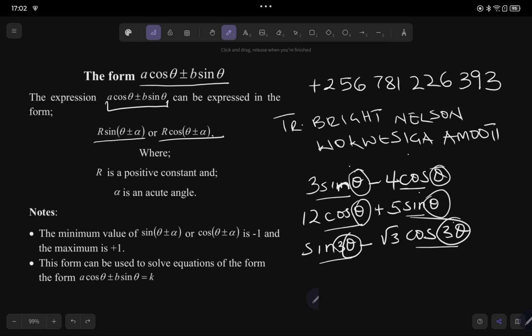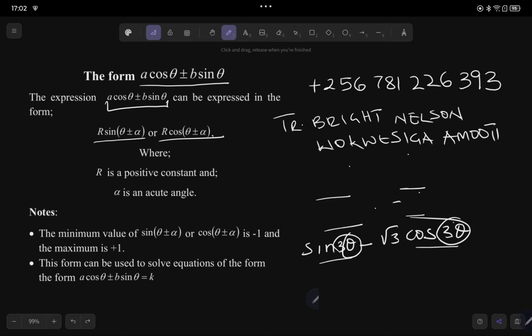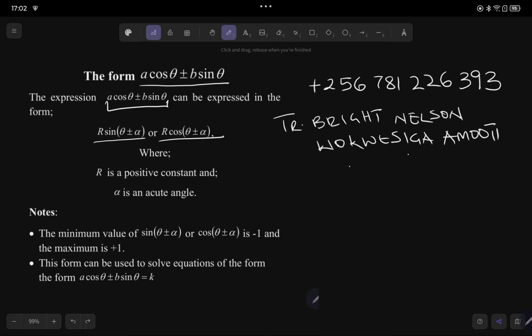Sometimes in most cases we are guided, but in other cases the learner can figure it out himself. Let's see if I have an example. For example, if I have 4 sin theta plus 3 cos theta.